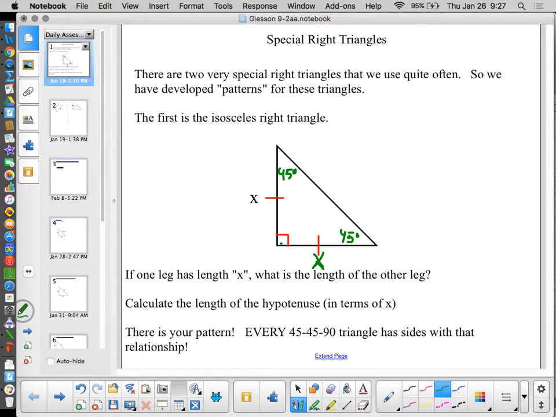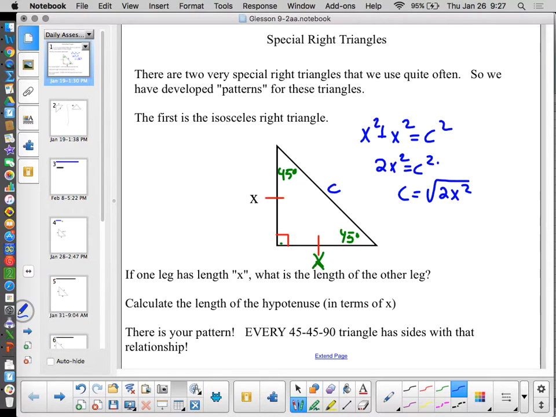Well, we can do that using the Pythagorean theorem. I'm just going to call this c for now. And I get x squared plus x squared equals c squared. But x squared plus x squared, that's 2x squared, equals c squared. So c equals the square root of 2x squared.